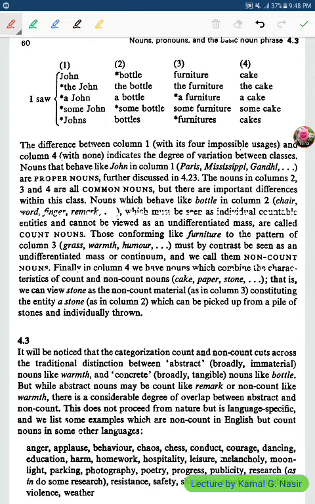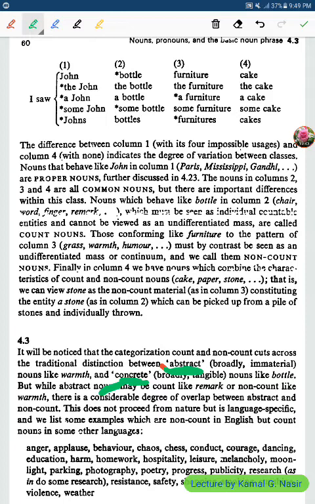Also we have abstract nouns, also classified into abstract and concrete. Abstract means الأسماء المعنوية, and concrete means الأسماء المادية. You see? Good.